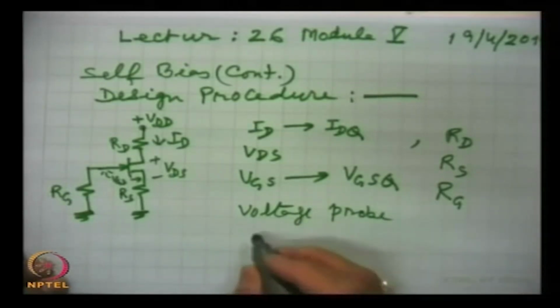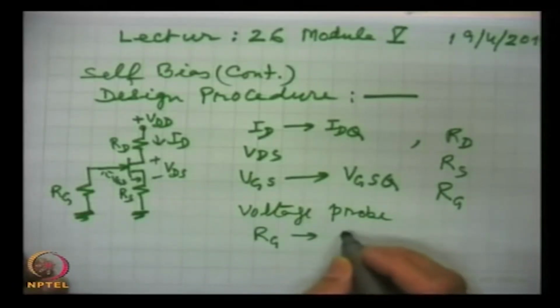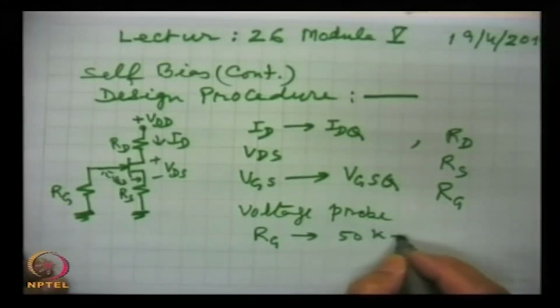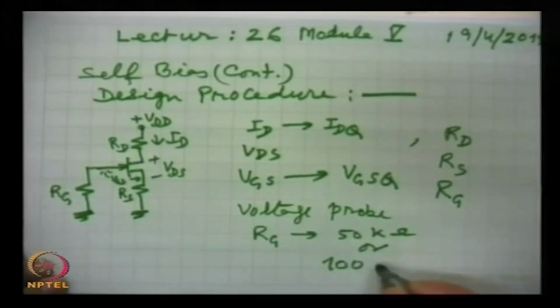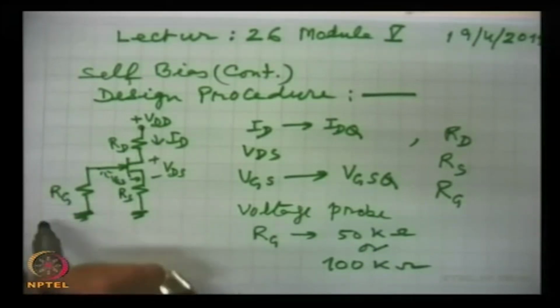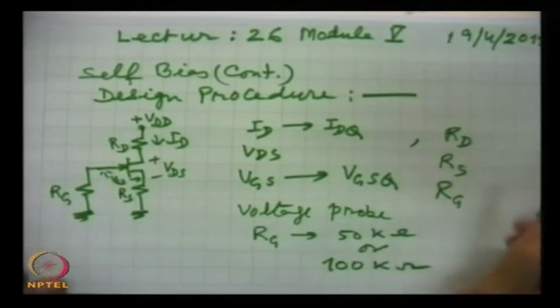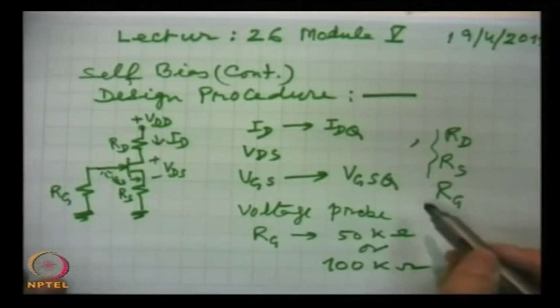So, normally R g is taken as 50 kilo ohms or 100 kilo ohms. So, this is now known. These two resistances have to be determined for the circuit, and that will be governed by the drain characteristics.